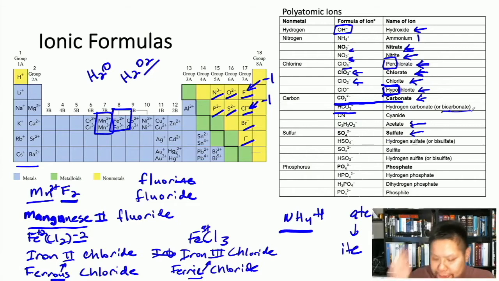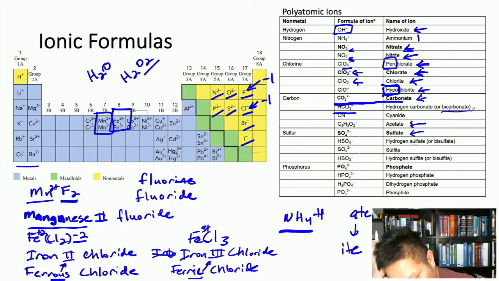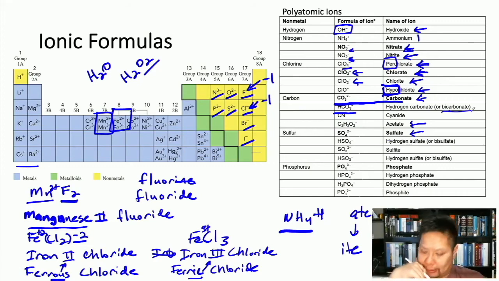So two things happen when you add a hydrogen to a polyatomic ion. It adds the name bicarbonate in front of it. Instead of just being carbonate, it becomes bicarbonate. But then also, since it gained a hydrogen, which usually has a plus charge, the 2 minus on the carbonate became a 1 minus on the bicarbonate.